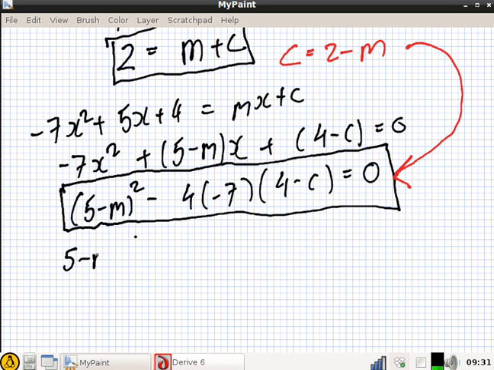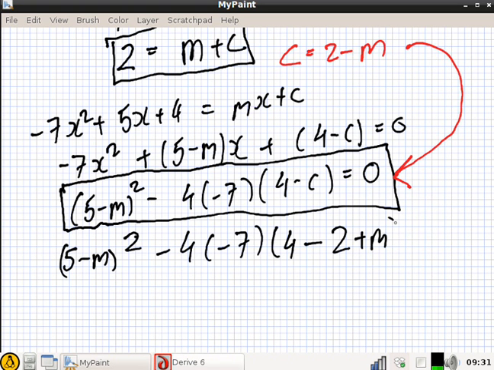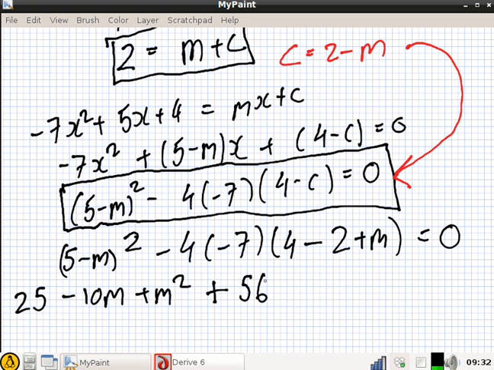So I have 5 minus m squared minus 4 times minus 7 times 4 minus c, which here will be minus 2 plus m. And that should equal 0. So we get 25 minus 10m plus m squared, plus, I can do 4 minus 2, which is 2, times 7 times 4.